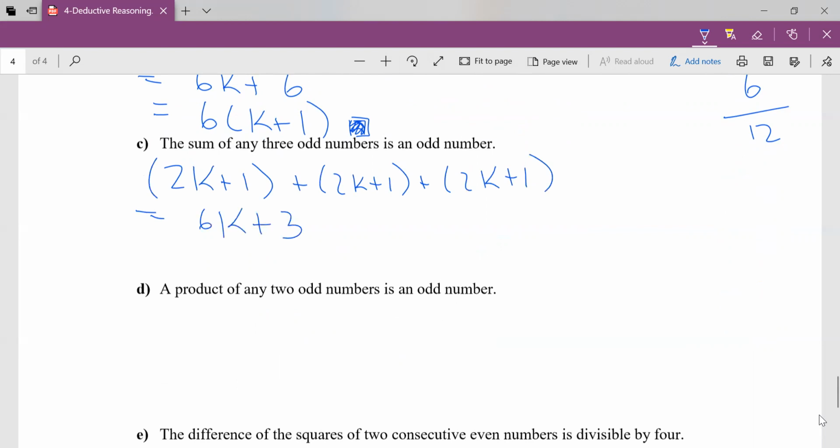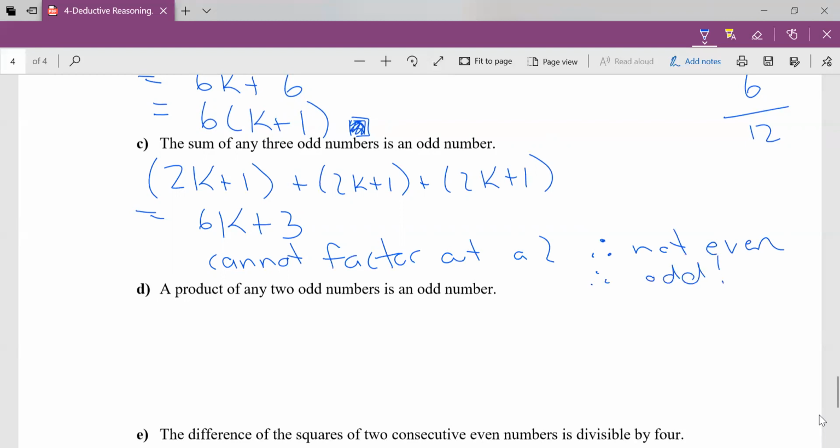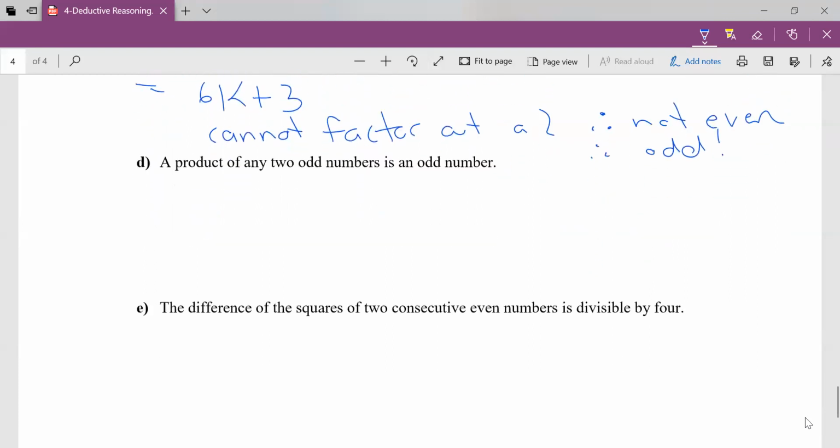I know this is odd because I cannot factor out a 2, which means it's not even. Therefore it has to be odd. So when you're trying to show me something's odd, you're going to show me that it's not even first.